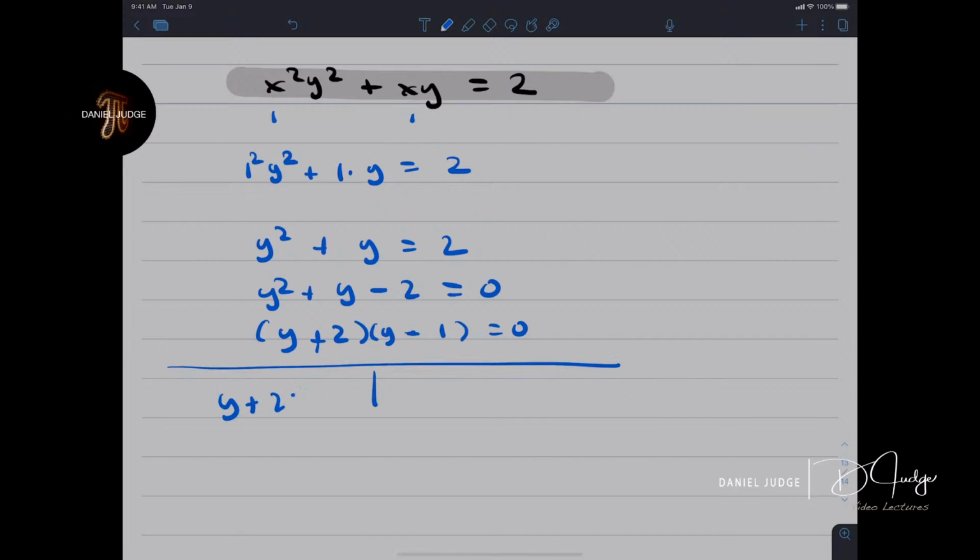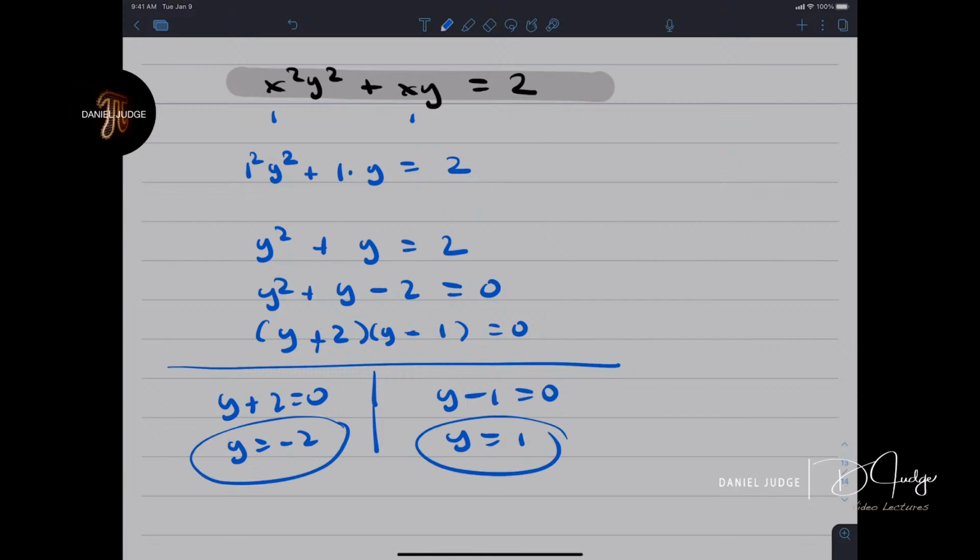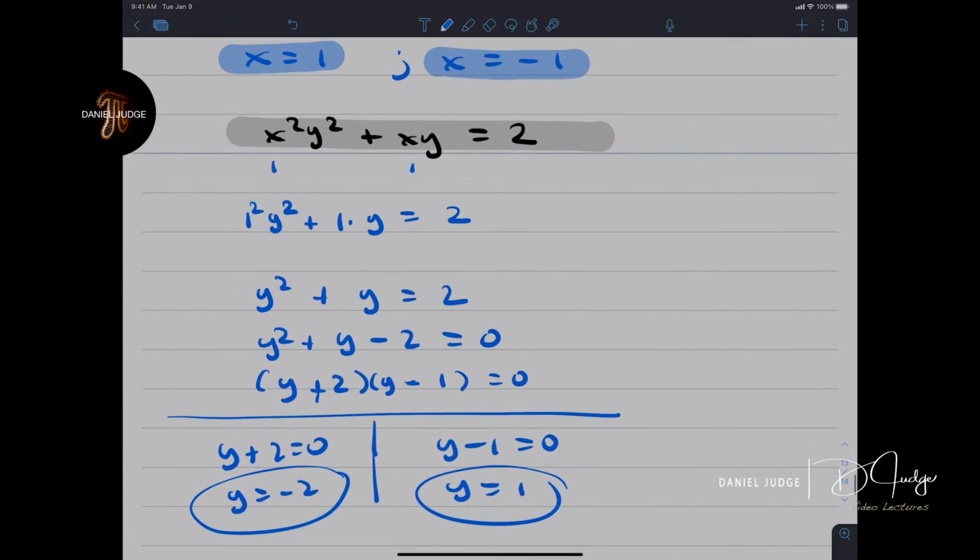So y plus 2 is 0 by the zero product rule, which means y is negative 2. Y minus 1 is 0, which means y is 1. So this is happening when x is 1. So you can say x is 1, y is negative 2, x is 1, y is positive 1.